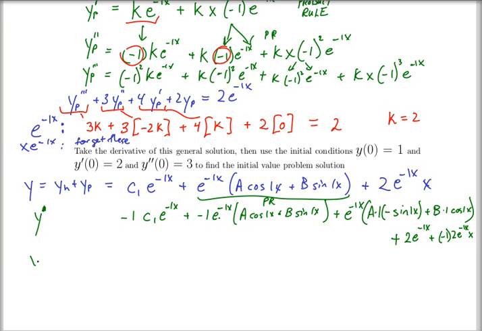And our second derivative, a little bit more work, is going to be minus 1 squared c1 e to the minus 1x. I've got a product rule applying here. So that's going to be minus 1 squared e to the minus 1x times a cosine 1x plus b sine 1x.